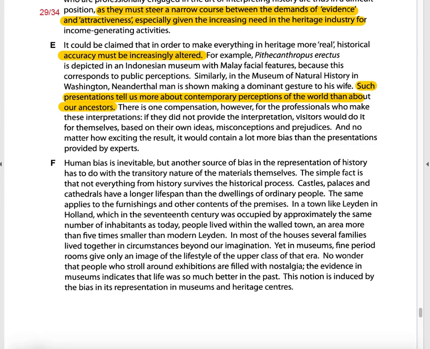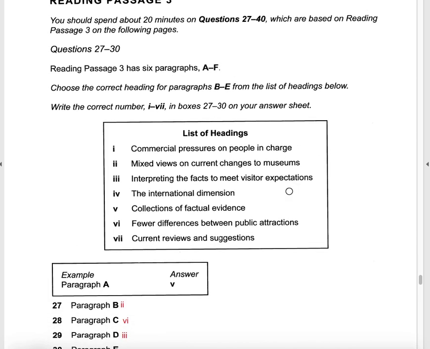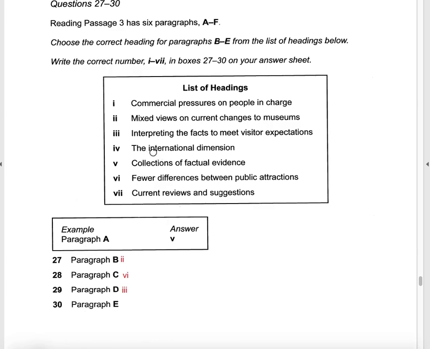Let's see our headings. Not the international current reviews. Looks like number 1. And why is that? Why number 1? Or interpreting the facts to meet visitor expectations.